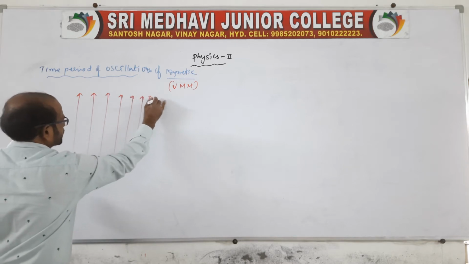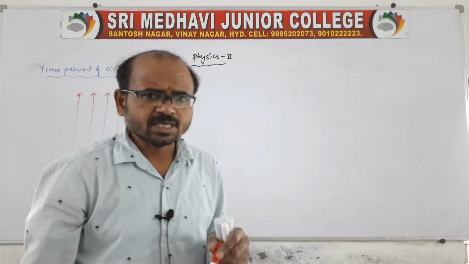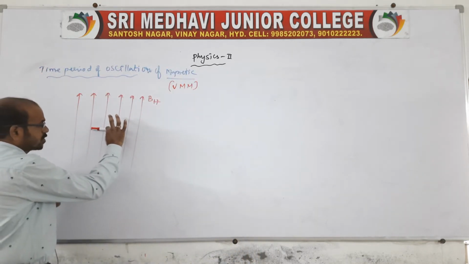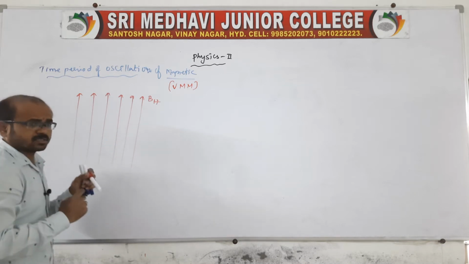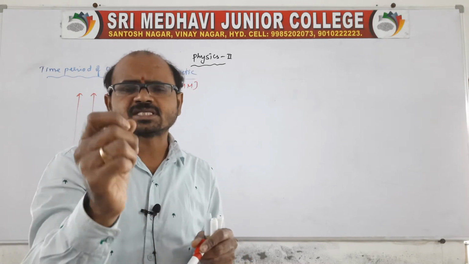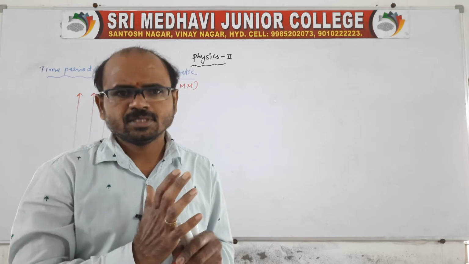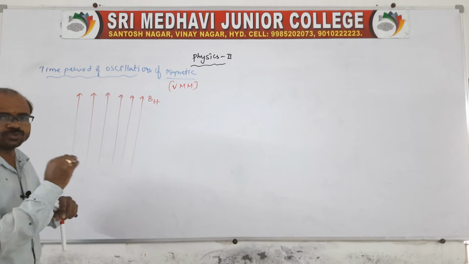The needle is suspended with the help of a torsionless thread. It can be easily twisted and turned, and it cannot be elongated. That is the thread we should use here.